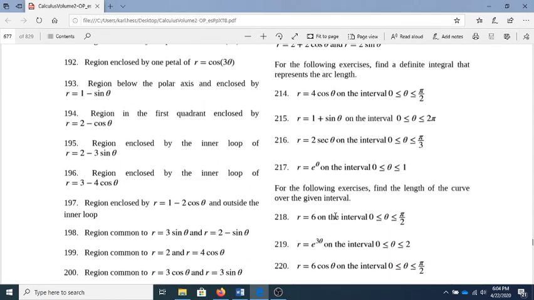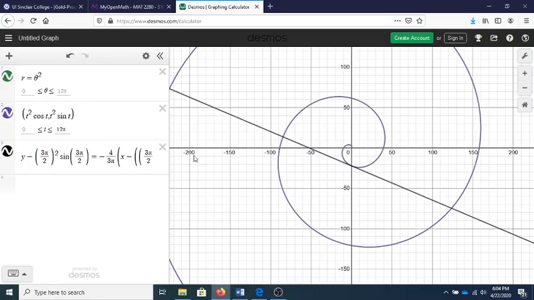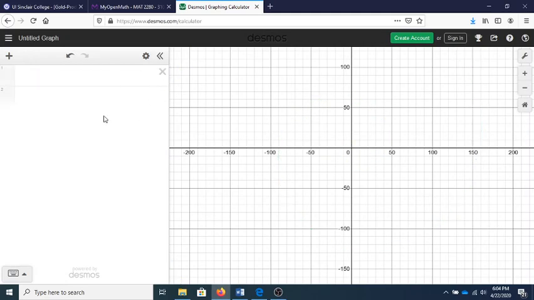Alright, for the following exercises, find the length of the curve over the given interval. Our curve is r equals e to the 3 theta on the interval from 0 to 2. Wonder what that looks like. Let's see. R equals e to the 3 theta from 0 to 2. Looks like I'm going to have to zoom out.